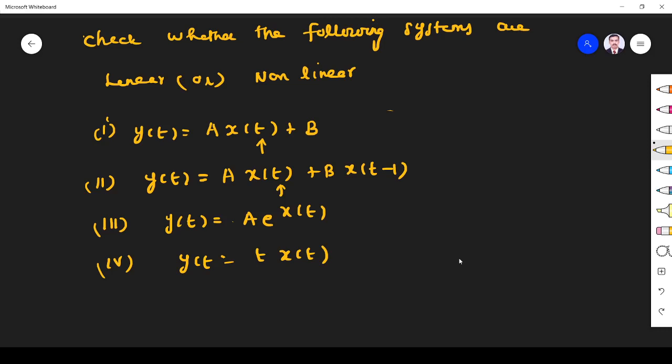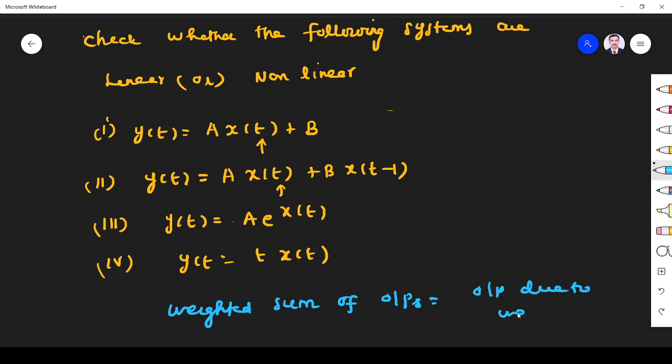In order to check whether a given system is linear or non-linear, it has to obey the principle of superposition. What does the principle of superposition say? It says that the weighted sum of outputs is equal to the output due to the weighted sum of inputs.